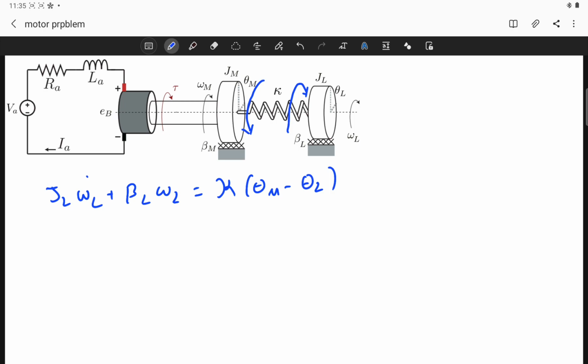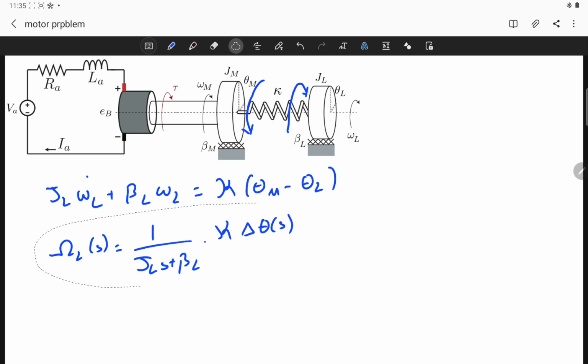Let's write it in a simpler form. We know that omega_L(s) is equal to 1 over (J_L s plus beta_L) times kappa delta theta(s).